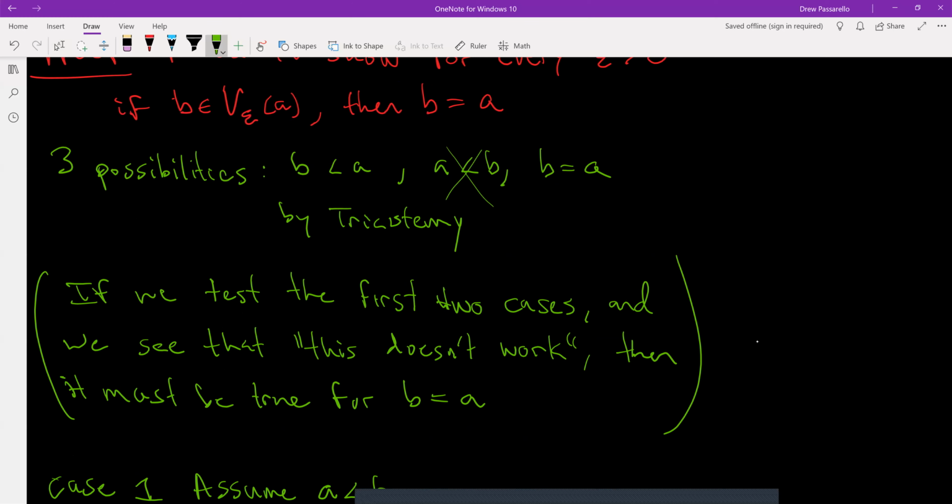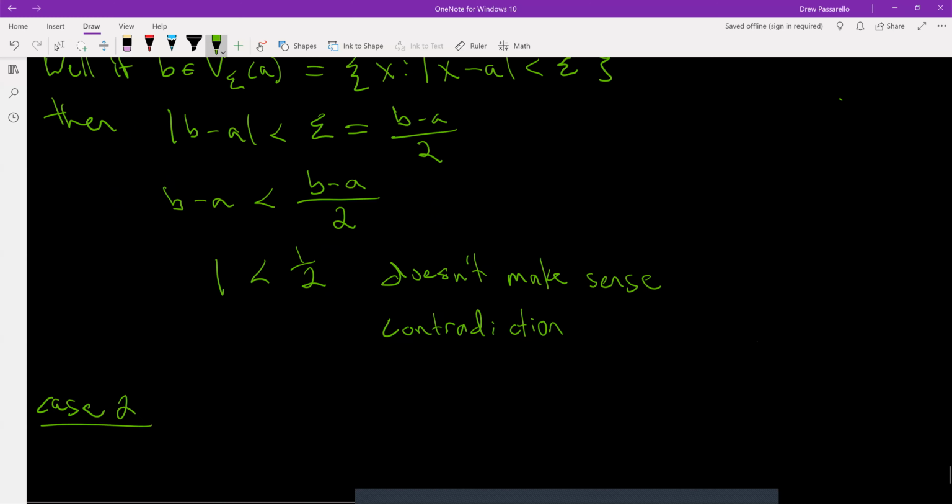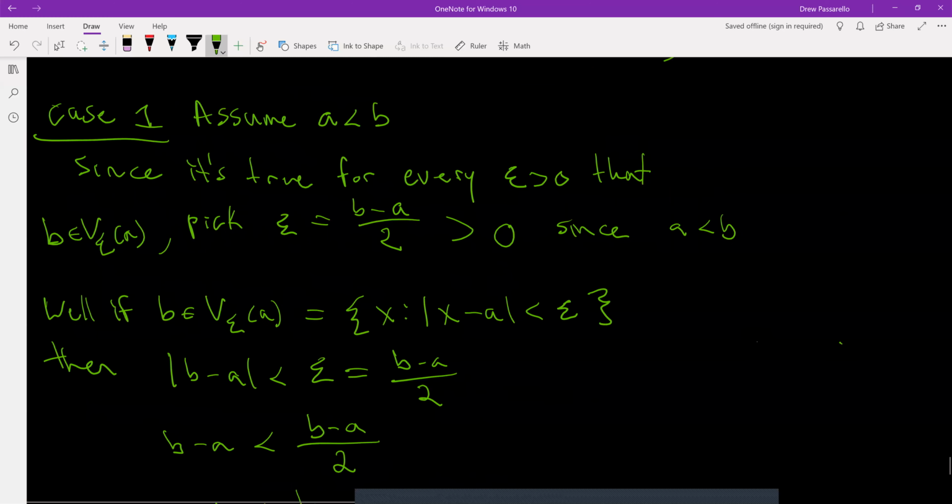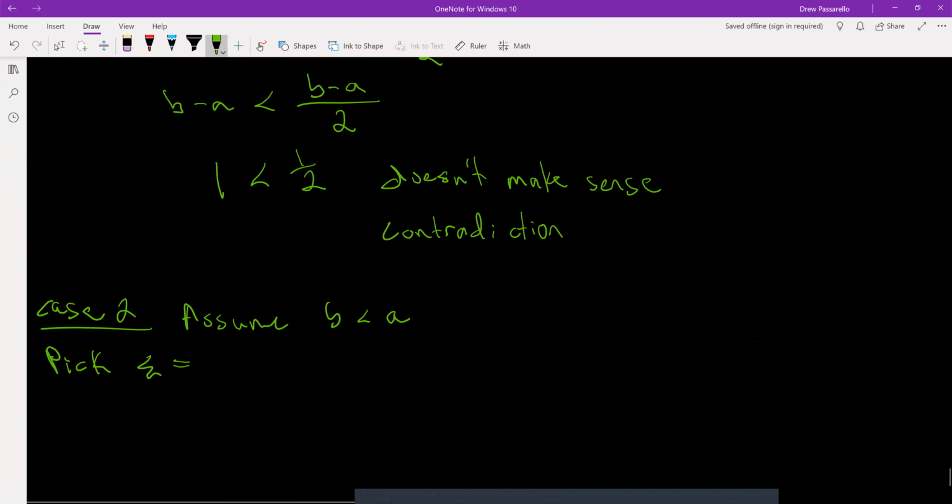Now we have the b less than a case. All right, so this time assume b is less than a. And I'm going to pick epsilon. Instead of it being b minus a over 2, I'm going to do a minus b over 2.